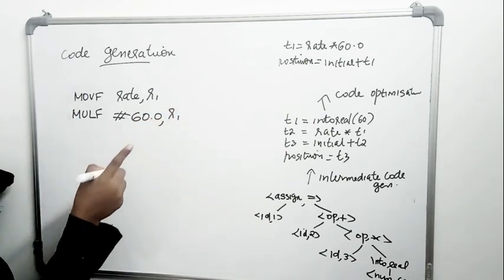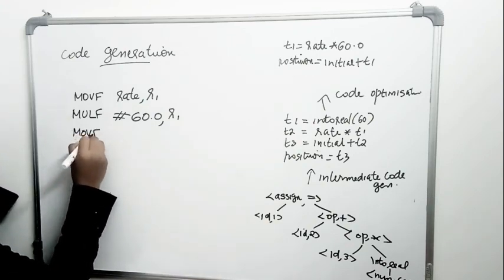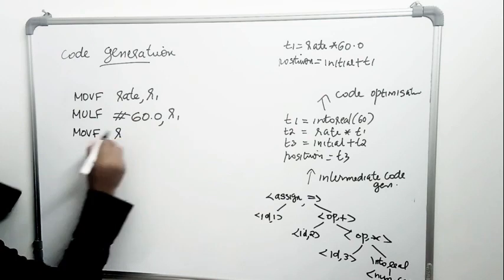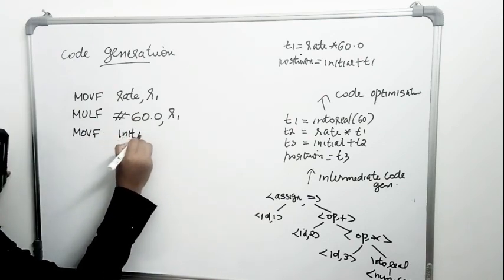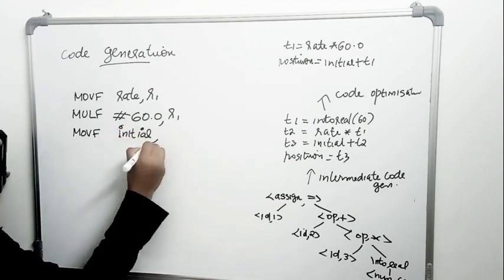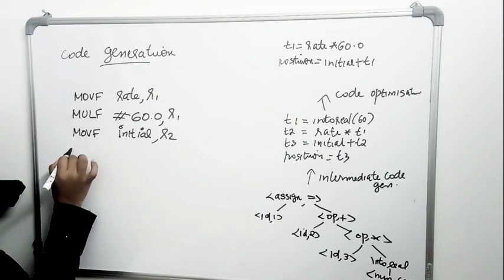Now we have to add initial with that, isn't it? So again we are moving initial to the register R2. Now we have to add R1 and R2.